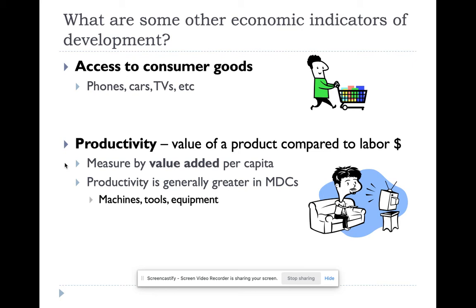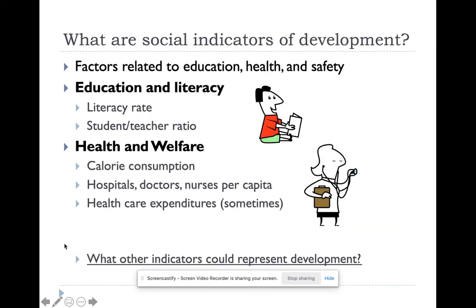Oftentimes they have the training as well, right? It doesn't mean that they're inherently harder workers. It doesn't mean anything like that. Don't put a judgment value on it, but it does mean that they are able to do more things because they have tools, equipment, and machinery, right? Automation to do the stuff that would normally be done by human hands in a developed or a developing place.